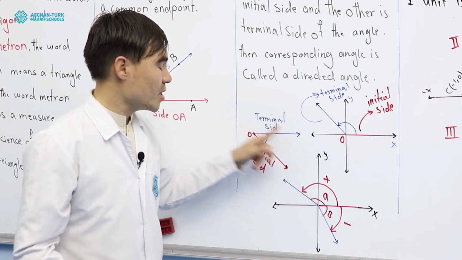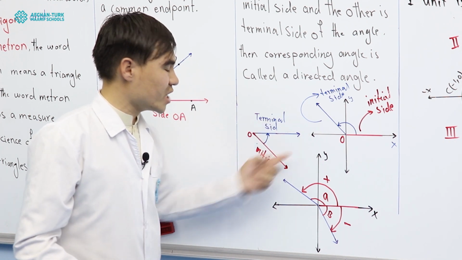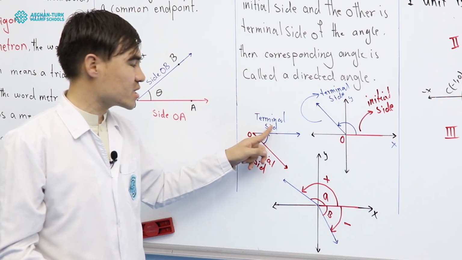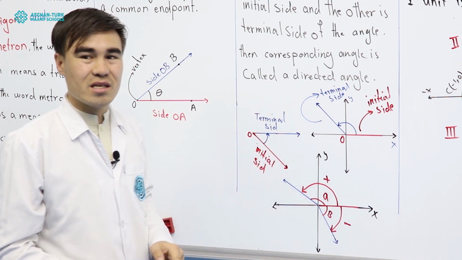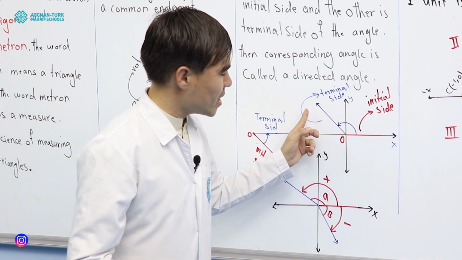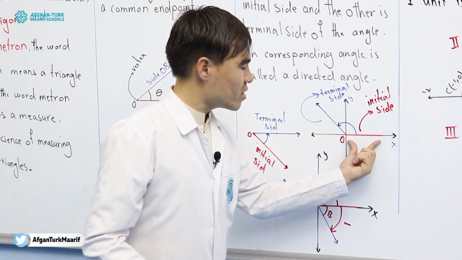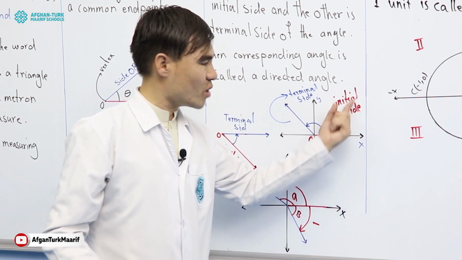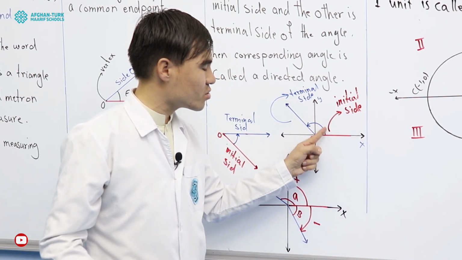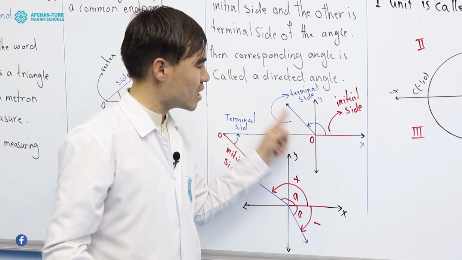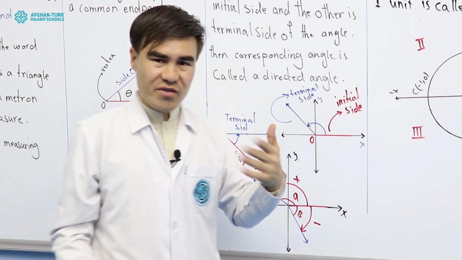The second side, which is also rotating around that point, is called the terminal side. As you see in this angle, O, located on the x-axis, this is the initial side, and it is rotating around the vertex O, and the second side will be the terminal side.